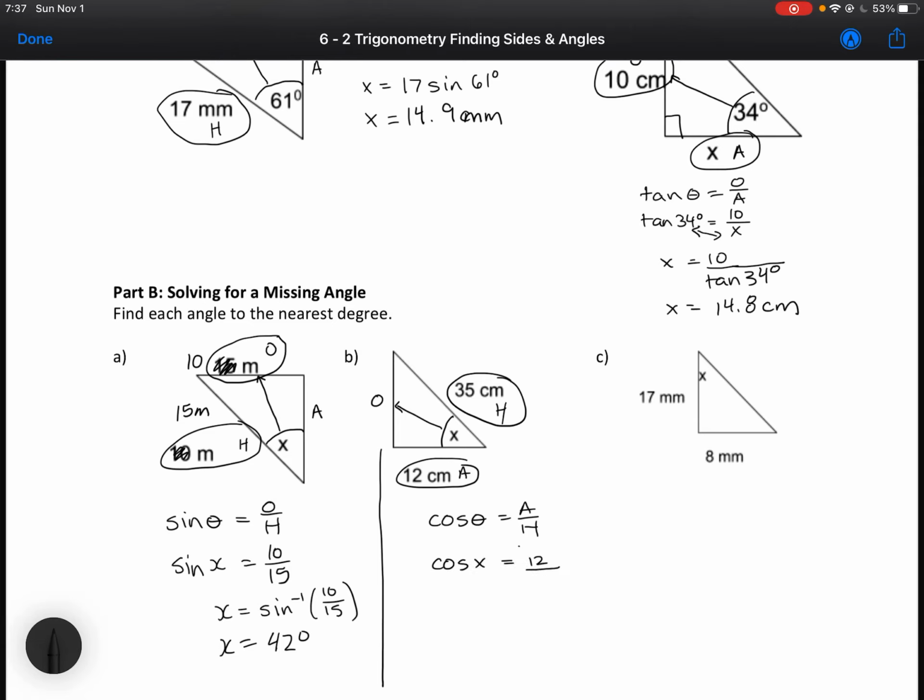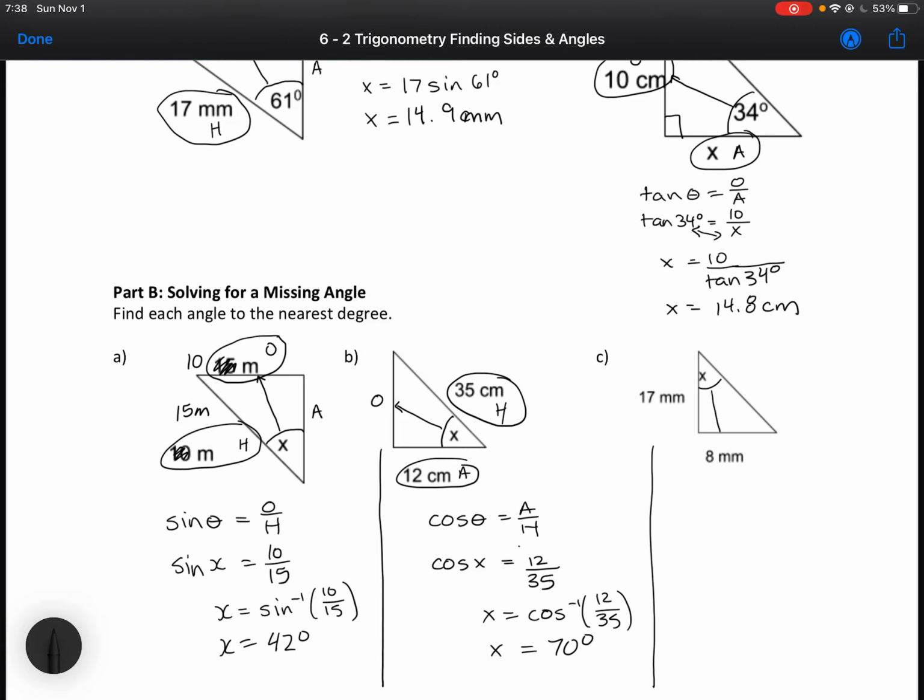So cos x equals 12 over 35, taking the cosine inverse of both sides, and then plugging it into our calculator, is going to give us an angle of 70 degrees.